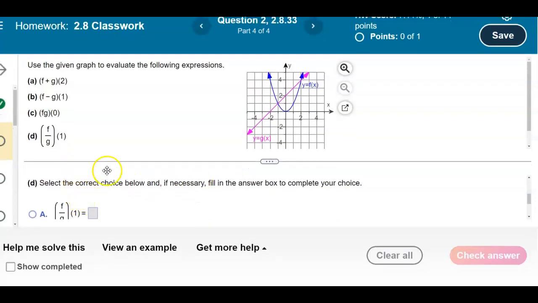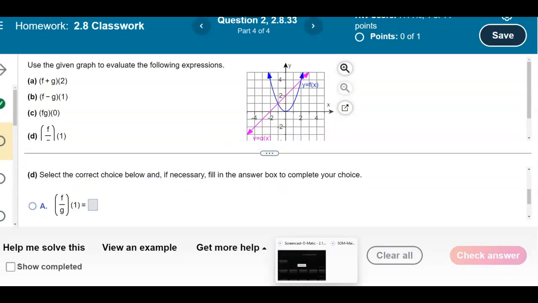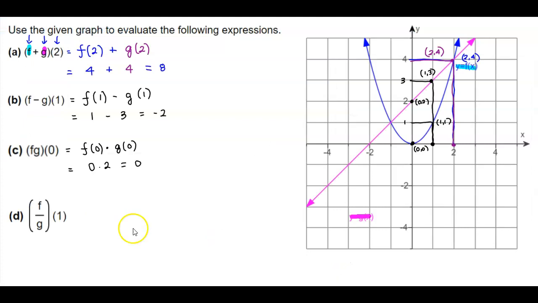Now let's try the last one. So we have the definition f of 1 divided by g of 1. So at 1, we know f of 1 on the blue graph, the output is 1 since we found that in step B. And then we also know that g of 1 gave us 3.